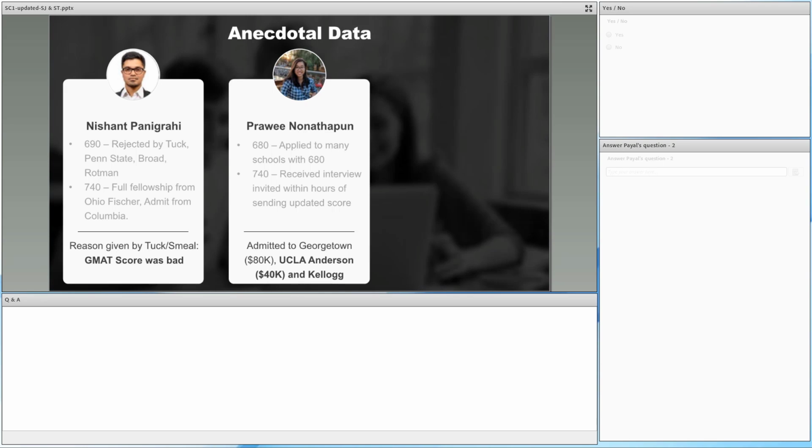And a similar story for Pravi. Now she scored a 680 on the GMAT and applied to a bunch of B schools, but she failed to get interview invites from any of the B schools she applied to. She again took the test from a 680. She got to a 740 on the GMAT, and she updated her score on the application pages.